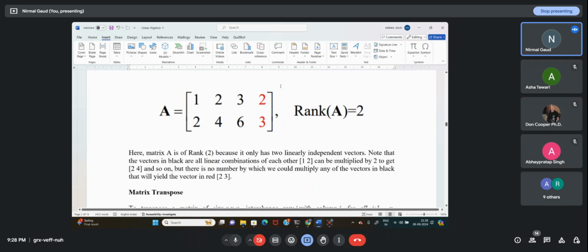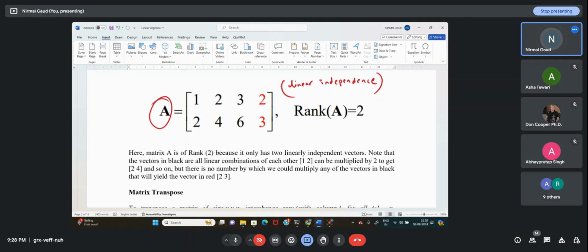In engineering the students used to identify the rank of a matrix. So if I ask you, this is a matrix, what is the rank of this matrix? Actually, the rank of a matrix is defined in terms of linear independence. This is how the rank of a matrix is defined.